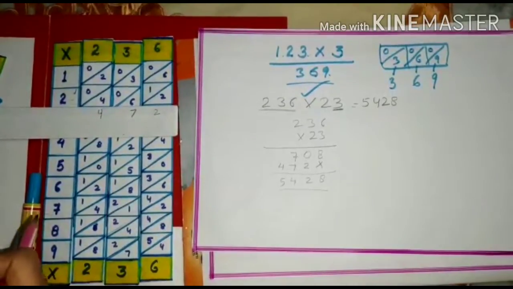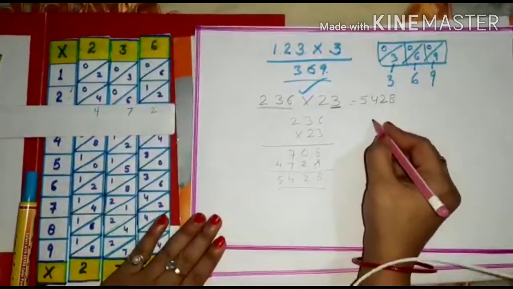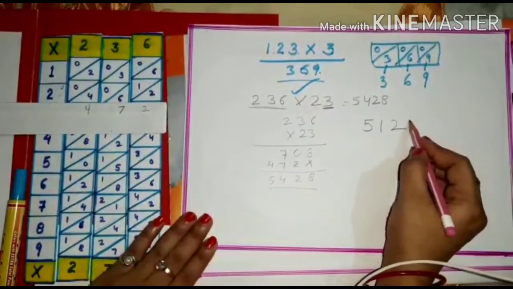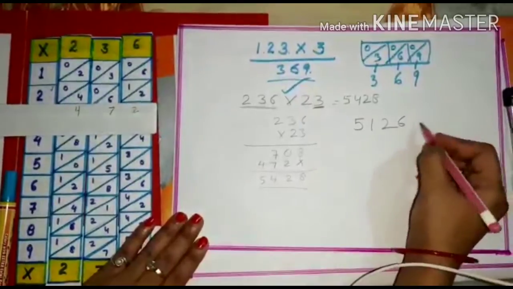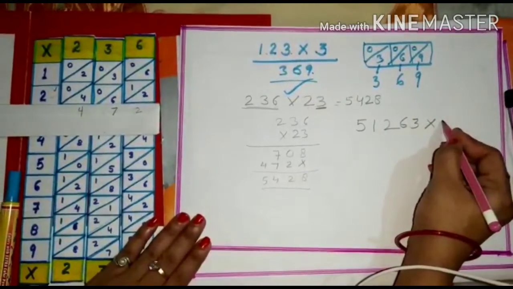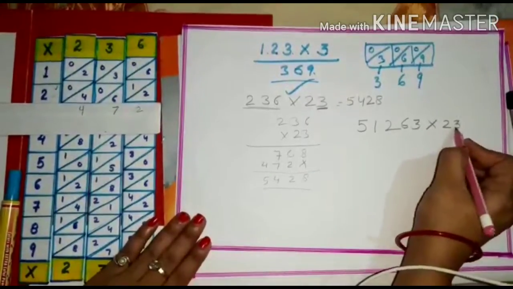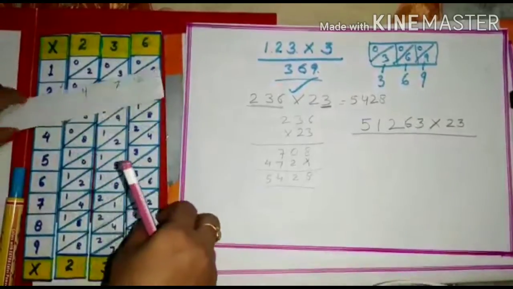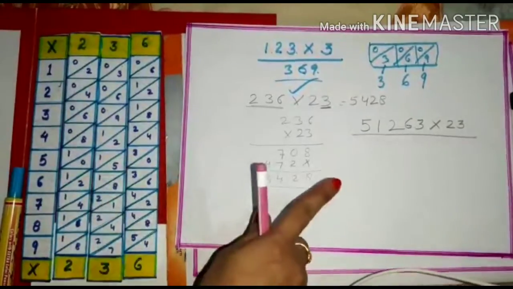So let's take the 5-digit number 5, 1, 2, 6, 3. Let's multiply with a 2-digit number. Let us see the cards. I required 5.